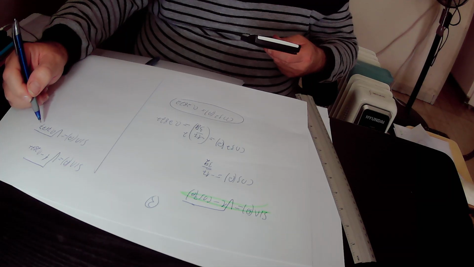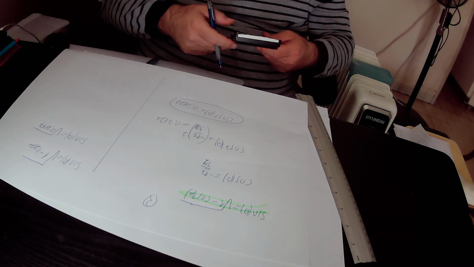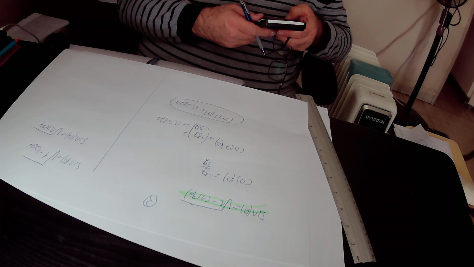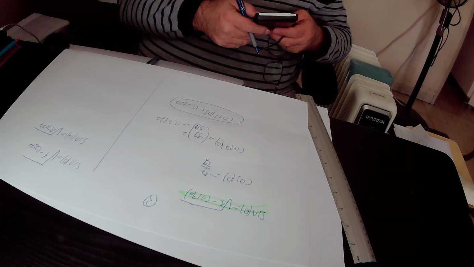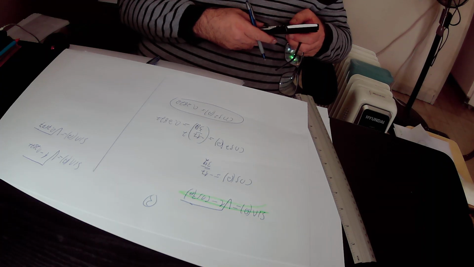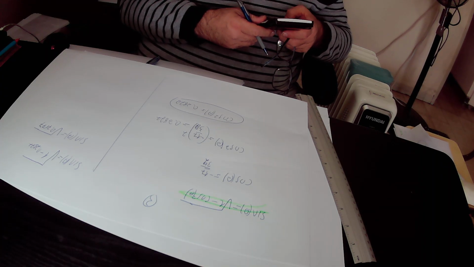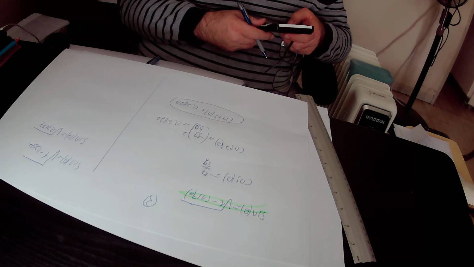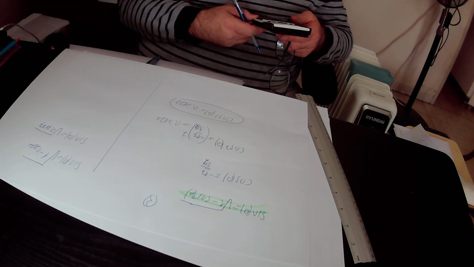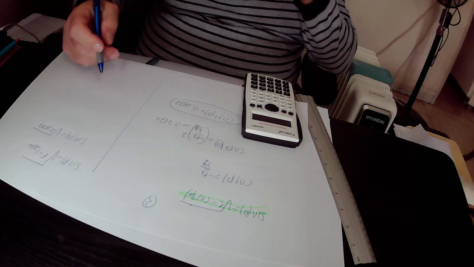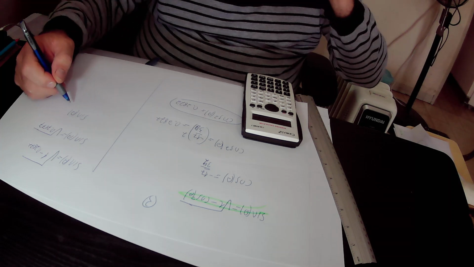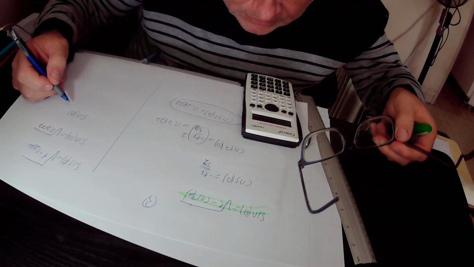And the square root of 0.7177 is equal to 0.847. So sine theta equals to 0.847.